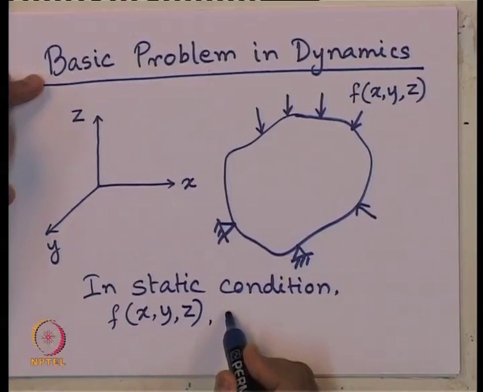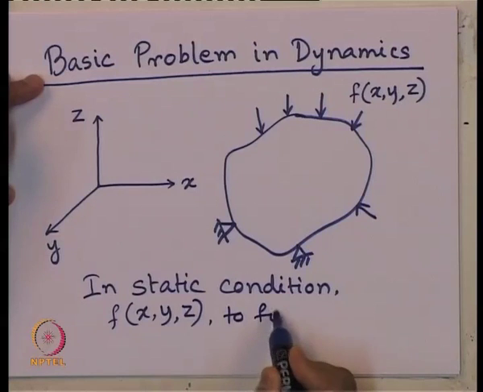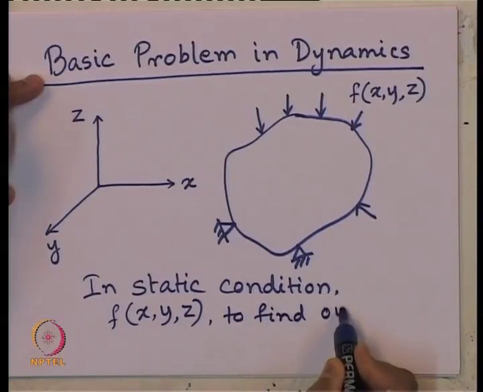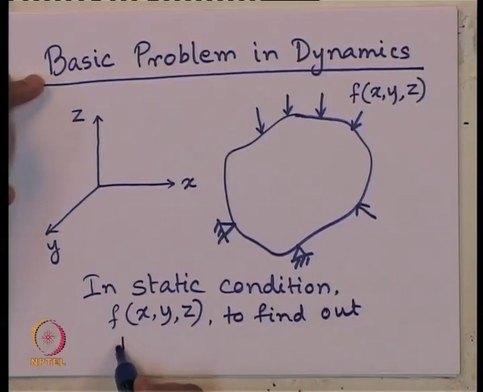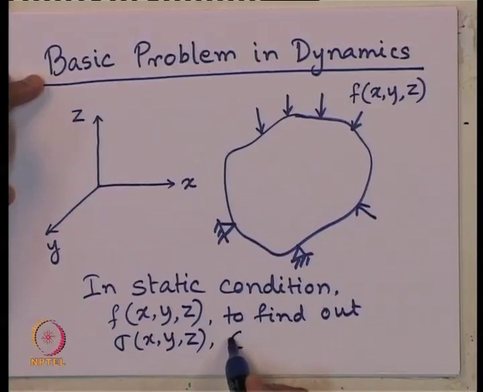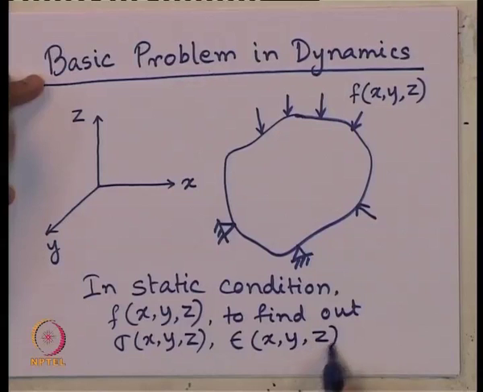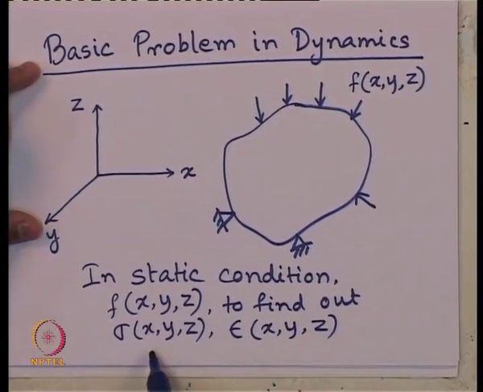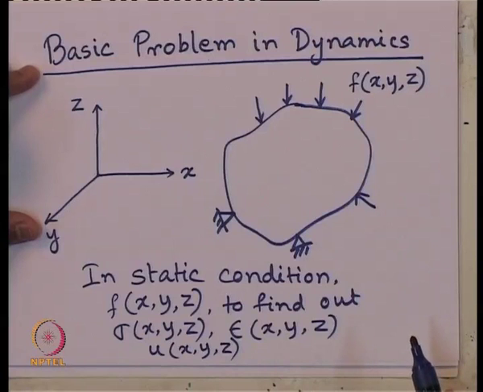We want to find out the stresses, which are again functions of this coordinate system, then strain on the body, which are again functions of the coordinate system, or we can find out the displacement of the rigid body, which can again be a function of the coordinate system.